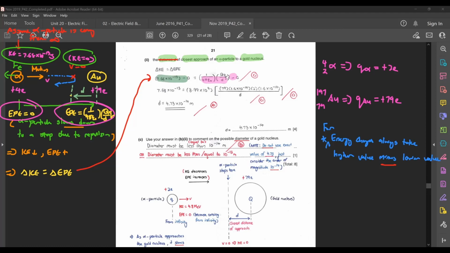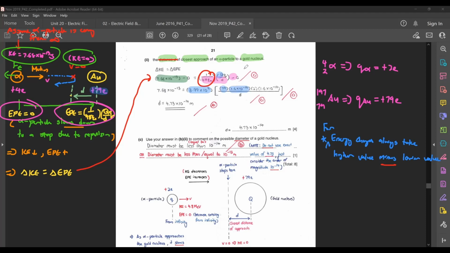From there, you just really need to sum in the values. All right, the remaining values. 1 over 4 pi epsilon naught is 8.99 times 10 power 9. You can get it from the second page of your exam paper. It's from your data sheet. Now, the big Q here is the charge of your gold nucleus. It is 79e. So it's 79 times 1.6 times 10 power minus 19.